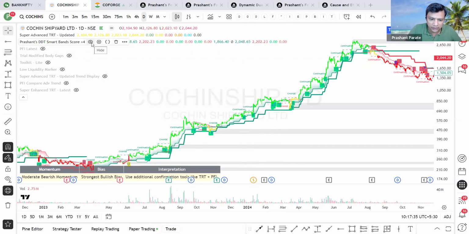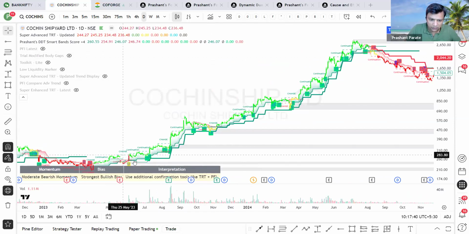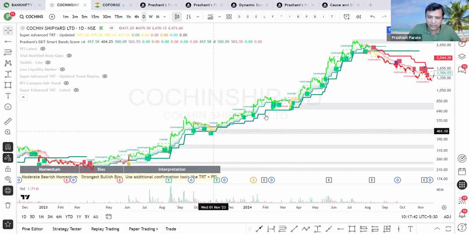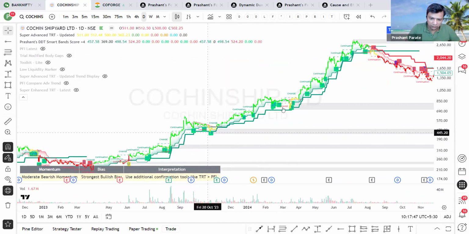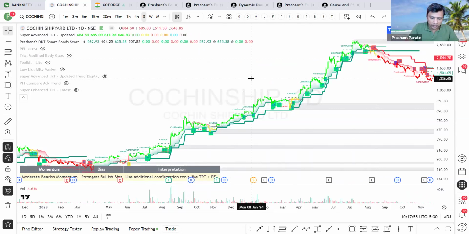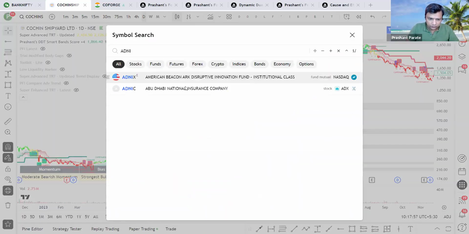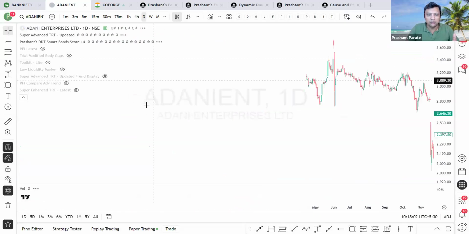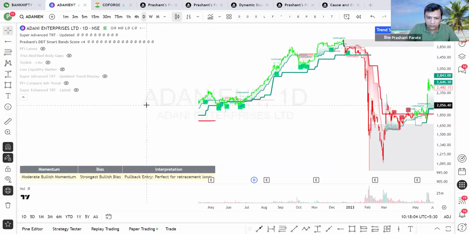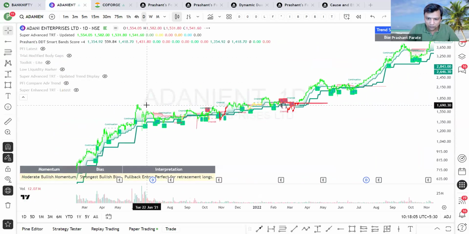But when we add DDT smart bands, sometimes these candles will be red, but these DDT smart bands will give us additional help: if the prices are in uptrend with this and TRT is changing to red color, just wait, don't exit, and prices will keep moving higher. So that can be used as an additional level of support where we may keep on holding.